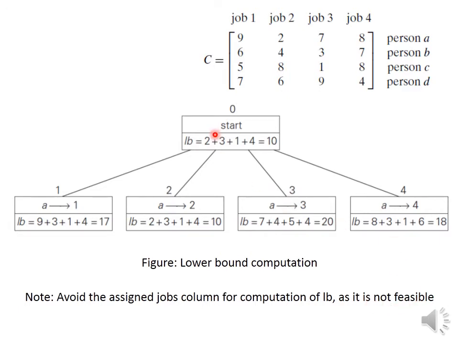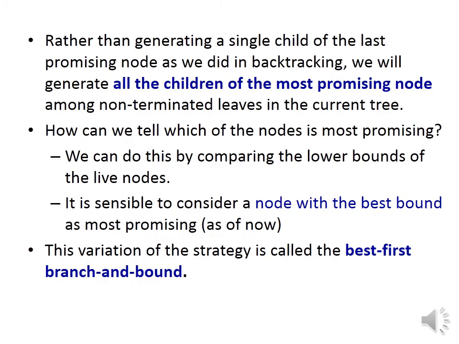As of now, one assignment is done. Now let us go for the next assignment, for person B, as the next level. One more thing: rather than generating the single child of the last promising node as we did in backtracking, we will generate all the children of the most promising node among the non-terminated leaves of the current tree.